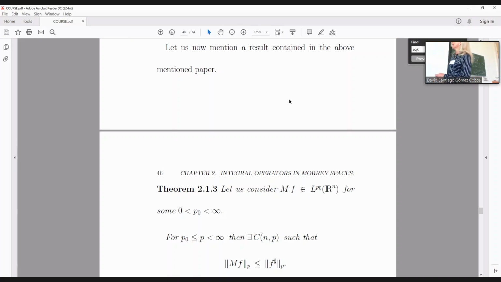Let us consider the maximal function in some L^p0 of R^n, where p0 is an exponent between 0 and plus infinity.